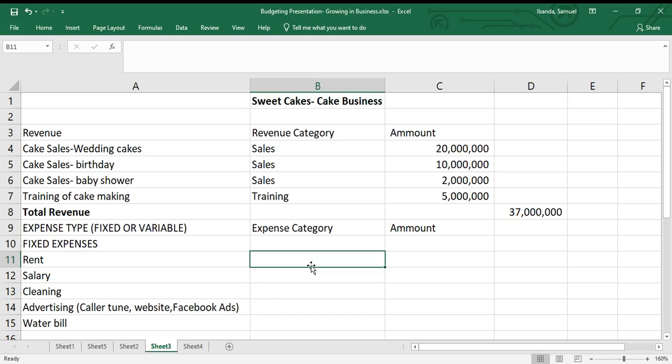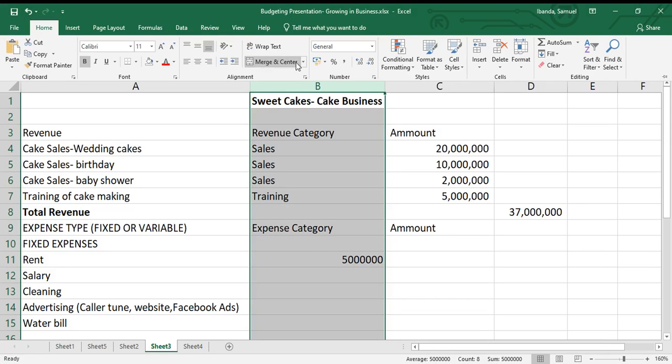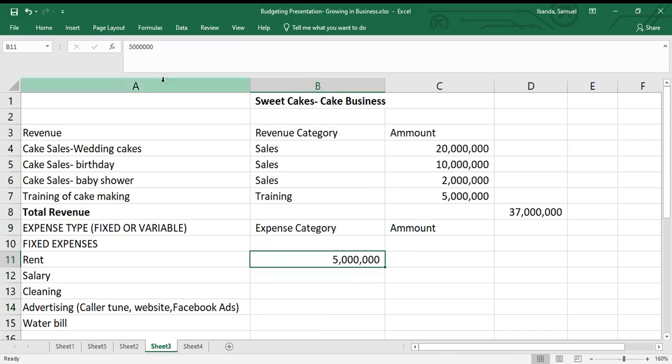So for example, rent, let's assume this is maybe 1.2, maybe that is on a high note. Let me use 500,000. I'm using Uganda shillings, just for you to know.